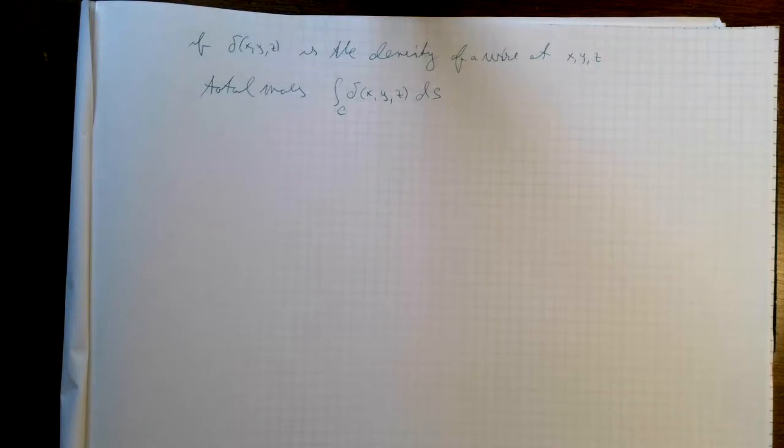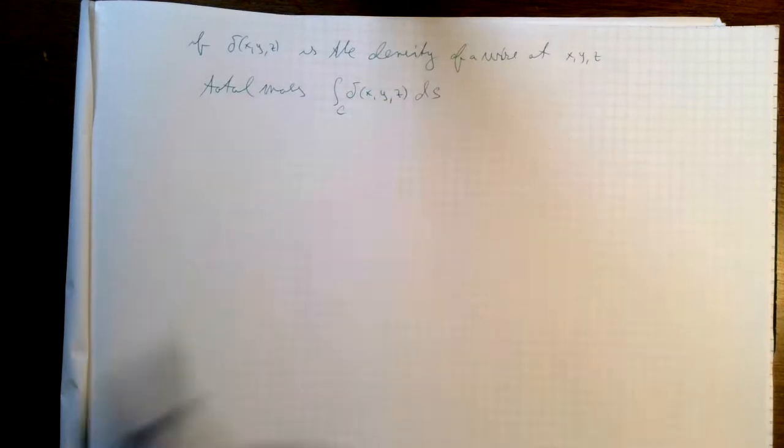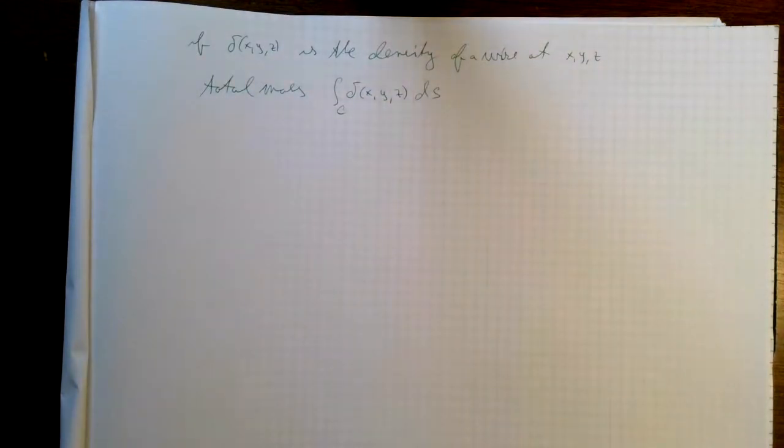We'll talk more about line integrals next time, because this is one type of line integral. Next we're going to use this to do another type of line integral, which is an integral over a vector field. It's maybe slightly more complicated in what it is, but it turns out it's less complicated to compute.